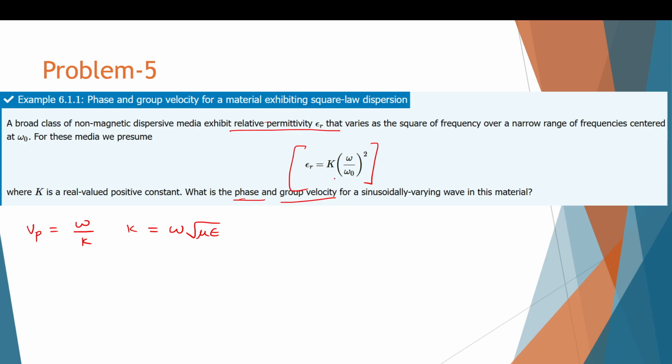And now epsilon is given by mu naught epsilon r, so we get omega root of mu naught epsilon naught times root of epsilon r. Now root of epsilon r is nothing but root of k times omega by omega naught. Since I'm taking the root, the square is gone. So that is my k.